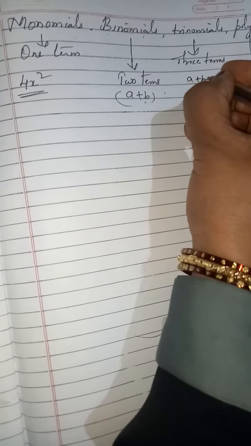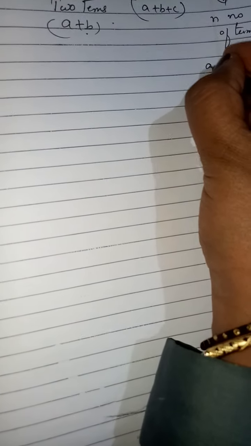Which are the three terms if you see here? That is a plus b plus c. Understood? And the polynomial. Polynomial means any number of terms. It might be n number of terms, a plus b plus c plus d. It might be any number of terms. These are called the monomial, binomial, trinomial and the polynomial.